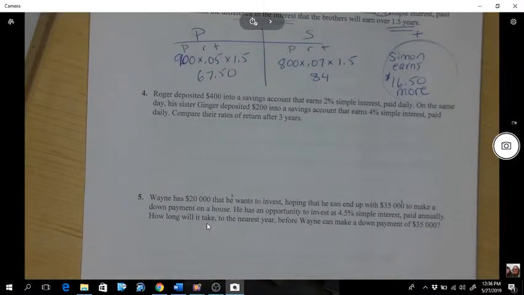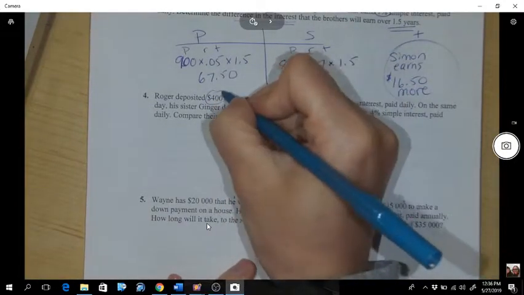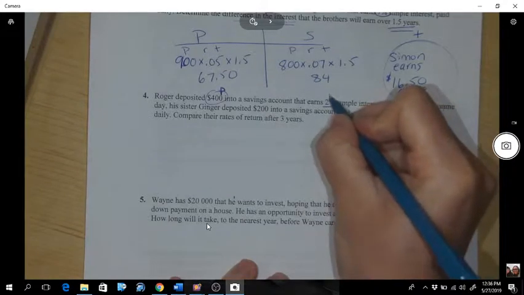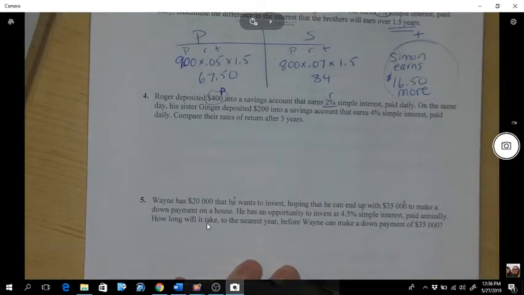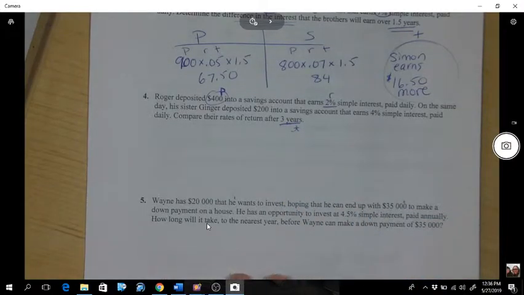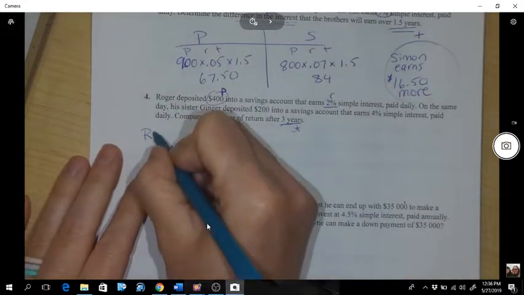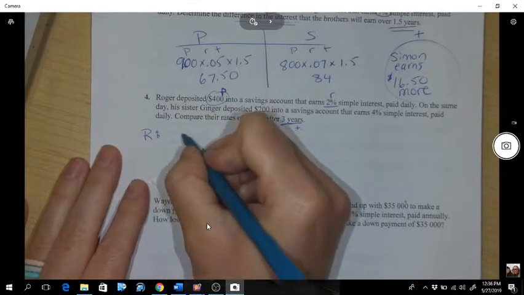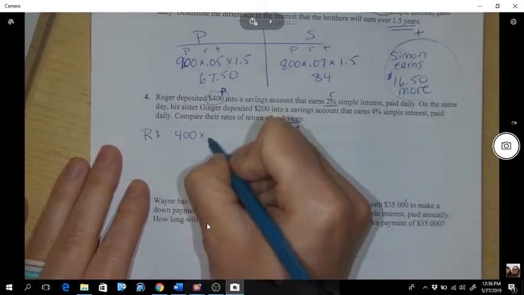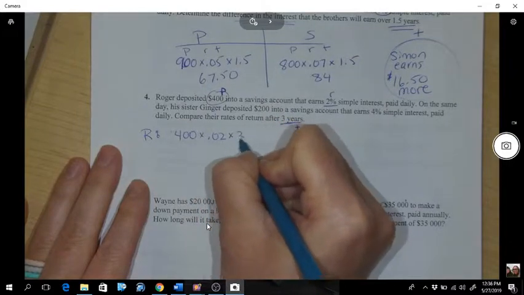Number 4, Roger deposits $400, that's principal, 2% on the rate, and 3 years is the time. Okay, so we can go ahead doing some calculations with Roger. He got $400, earning 2% for 3 years.